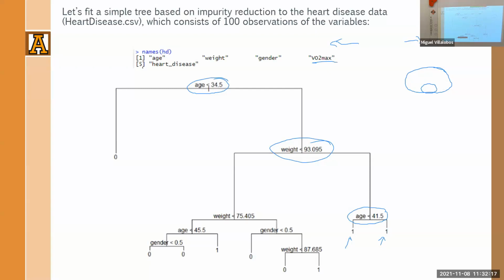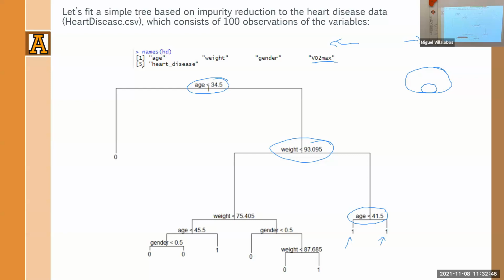And in one of them, the percentage of heart disease in that side of the branch was much higher than in the other side. Okay? That's why it's split. You see sometimes it splits. But in any case, the algorithm checks if age is greater than or equal to 93, and the age is less than 41.5, is less than 93.